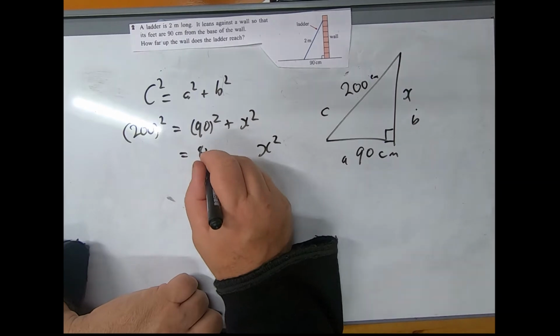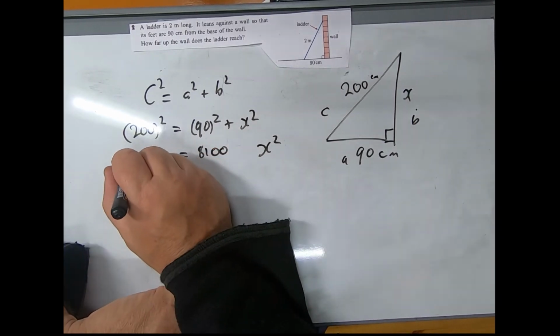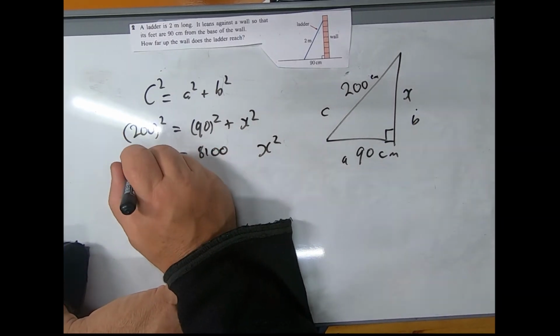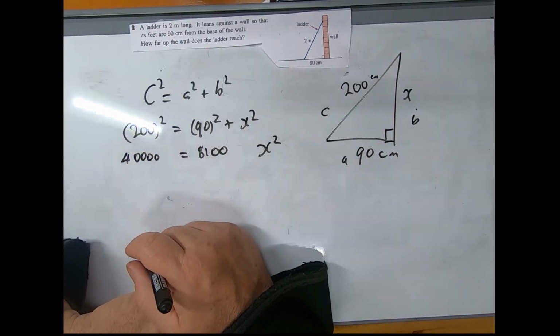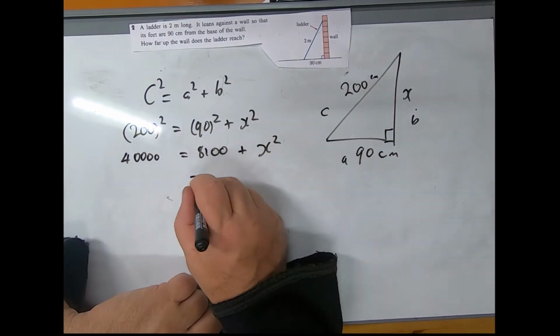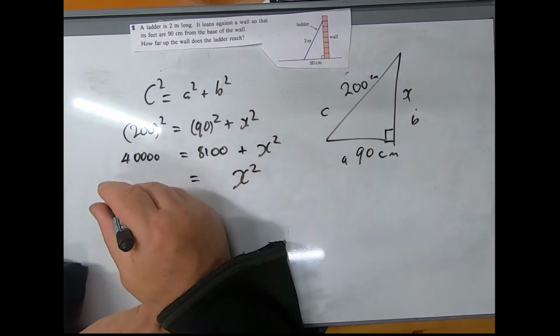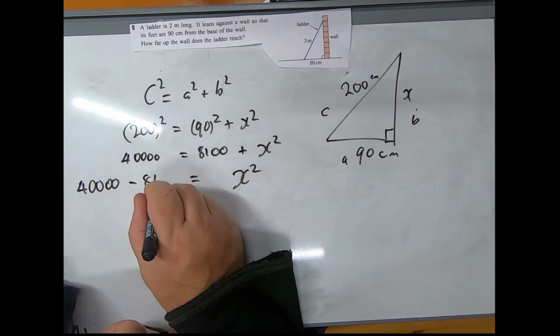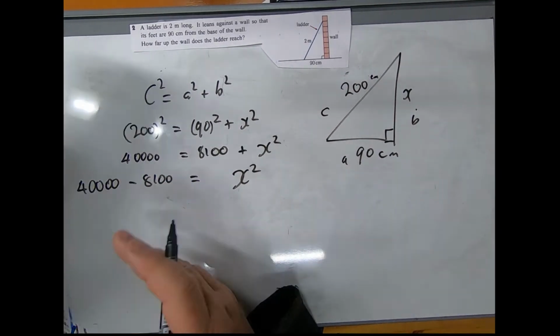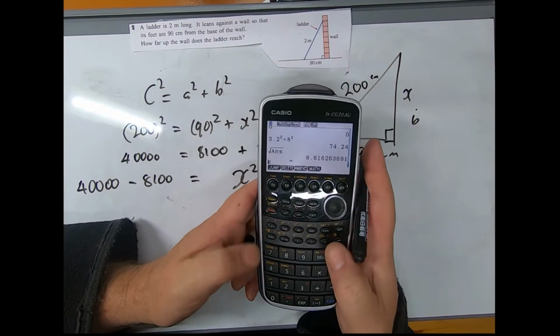Right, a little bit of calculator work and we're getting some other numbers. 2 squared is 4, and I guess we're going to have 4 zeros. Maybe I should have changed the units. Time for the calculator again.